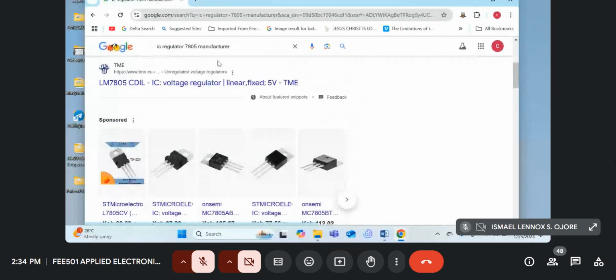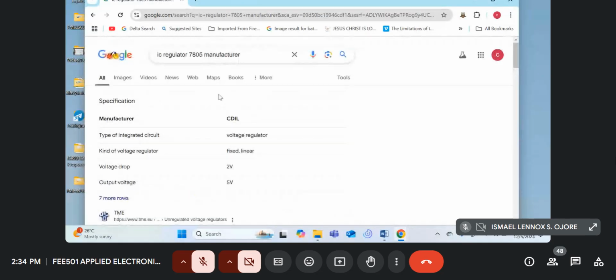It's giving a name that I do not know here, CDIL. Unless CDIL bought this, but normally various companies tend to manufacture these regulators.